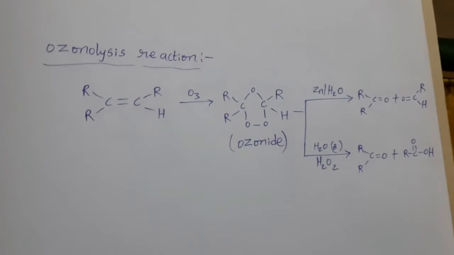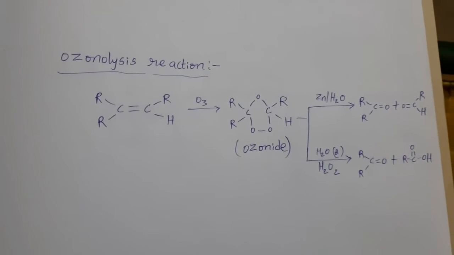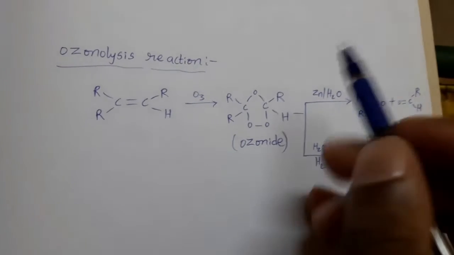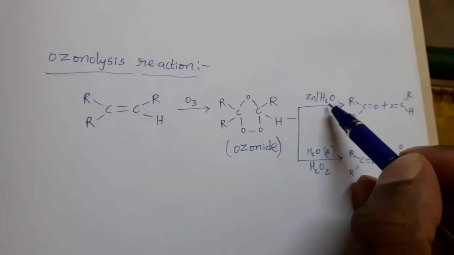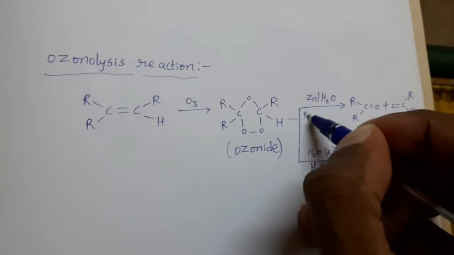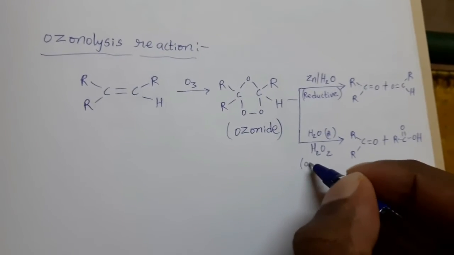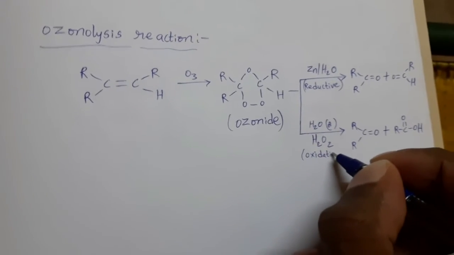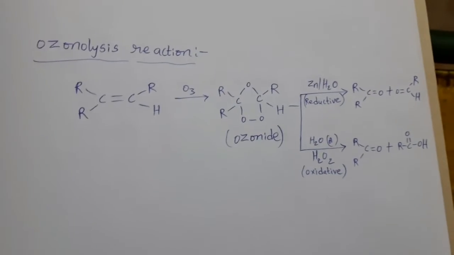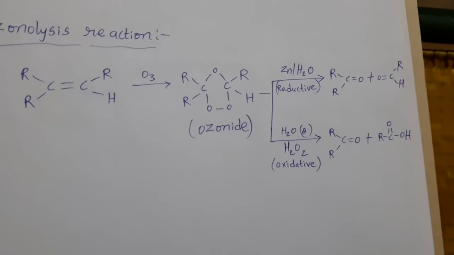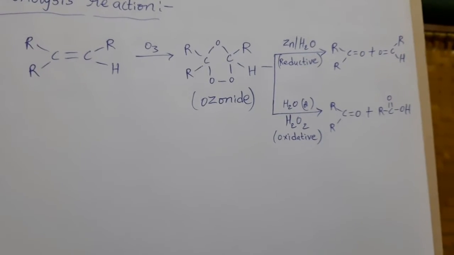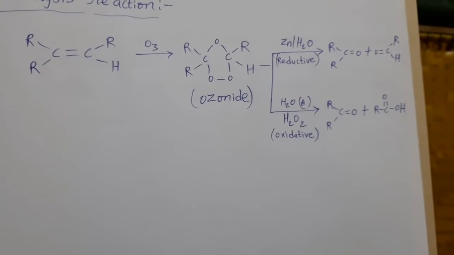Ozonides are unstable compounds. These are explosive in nature. So these compounds on treatment with zinc and water is called reductive ozonolysis. This is oxidative ozonolysis. So alkenes on reductive ozonolysis give aldehydes and ketones, and oxidative ozonolysis gives ketones and carboxylic acids.